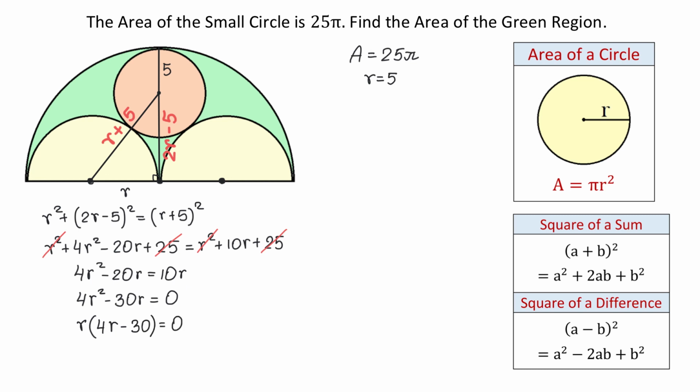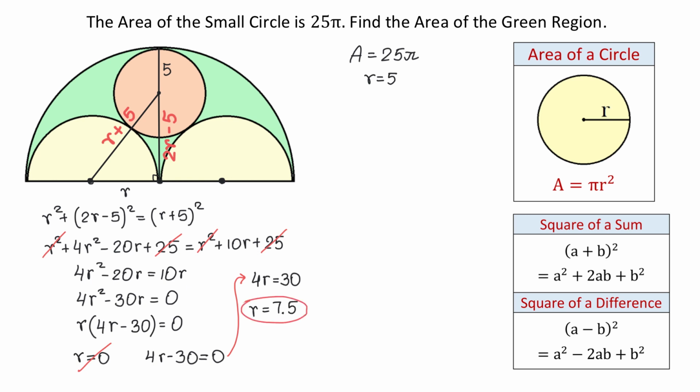Then we will apply the zero factor property, and we will write that r equals 0 or 4r minus 30 equals 0. Now here, let's ignore the first solution because the radius cannot be equal to 0. Then from here, if we continue with the second equation and we add 30 to both sides, we will have 4r equals 30. Then if we divide both sides by 4, then r will be equal to 7.5.